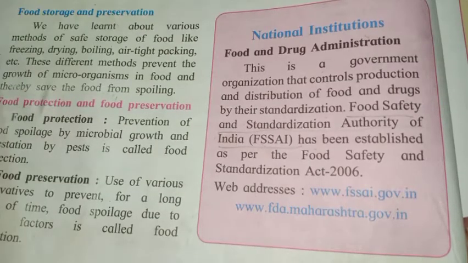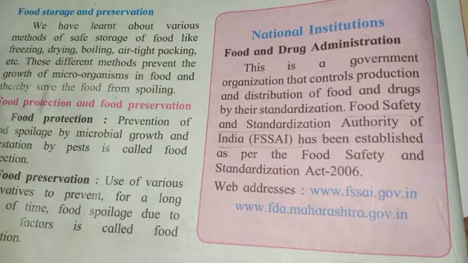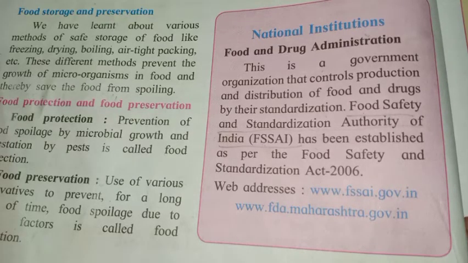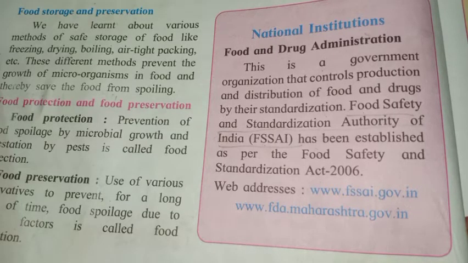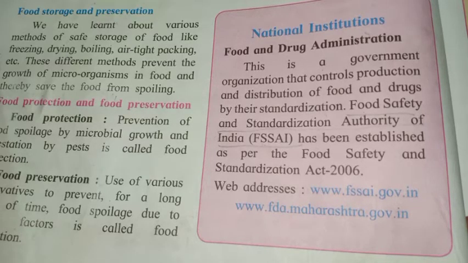Next is national institutions, the Food and Drug Administration. This is a government organization that controls food protection and distribution of food and drugs by their standardization.